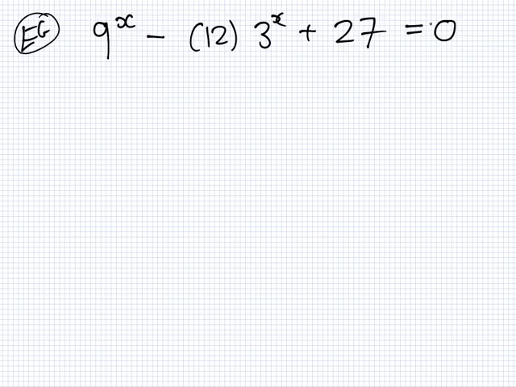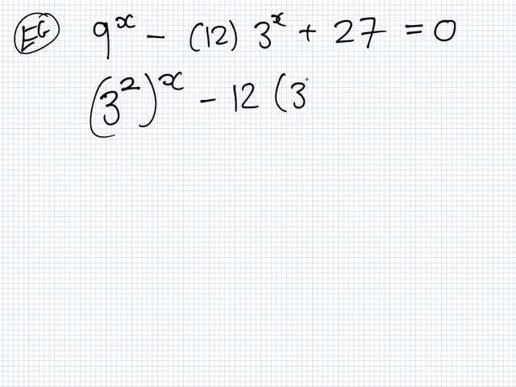Change 9x to 3x. Change 9x to something, multiply 3x. No, he was right the first time. Change 9 into 3 squared. Yeah. Or 3x. It depends which way you want to write it. 3 squared x minus 12 times 3x plus 27 equals 0.